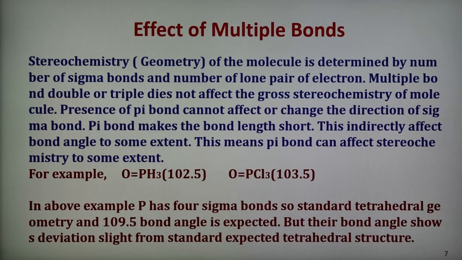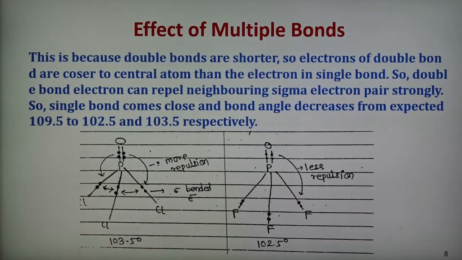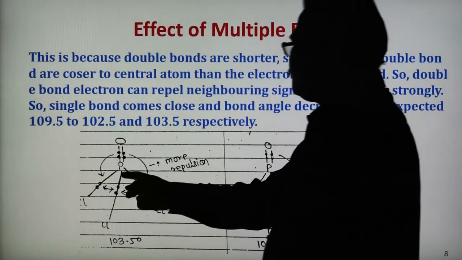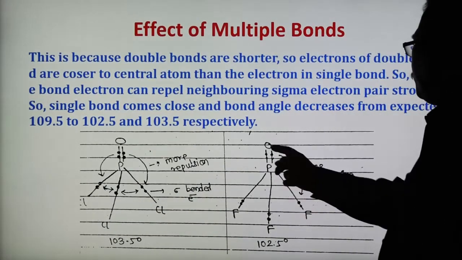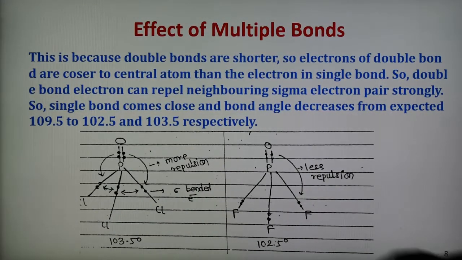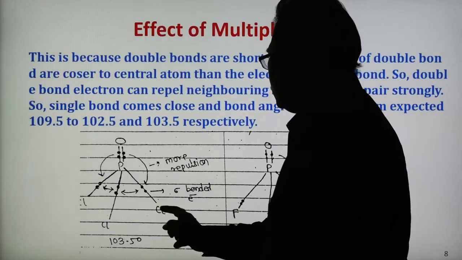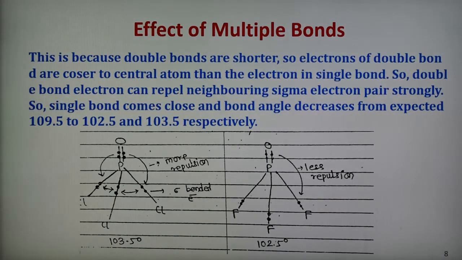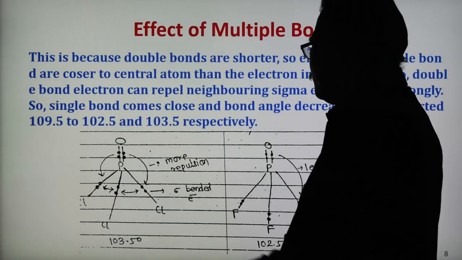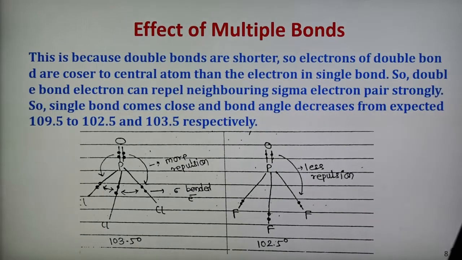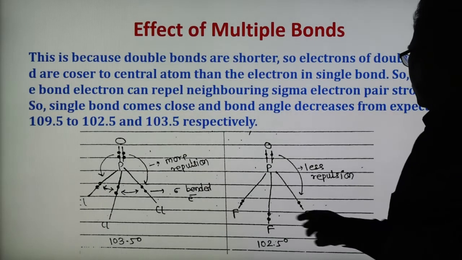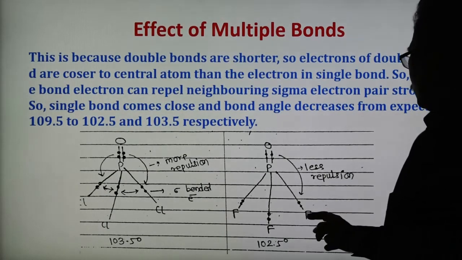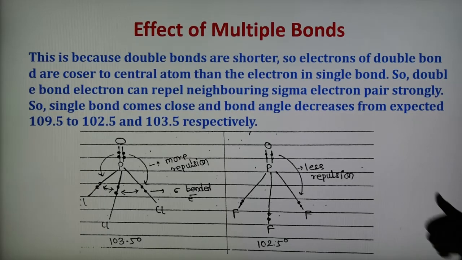as shown here. So here is the structure shown, and another example, POCl3 and POF3. In the case of POCl3, as these are more electronegative, there is more repulsion among these sigma bonded electrons, and the bond angle is 103.5 degrees. In the case of POF3, there is less repulsion, this is more electronegative, and the bond angle is 102.5 degrees.